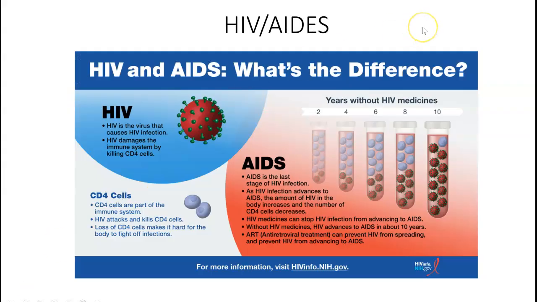The last thing that we talked about is HIV and AIDS. So CD4 cells are the target of HIV. Now, if we bring down a T cell population, because remember, it's those T cells that are vital to having a healthy immune system, then we've basically depleted our immune system. And that's when it actually crosses over to AIDS.